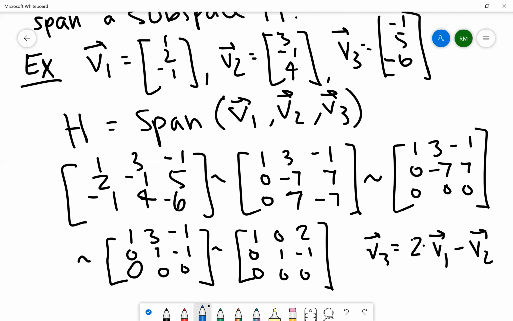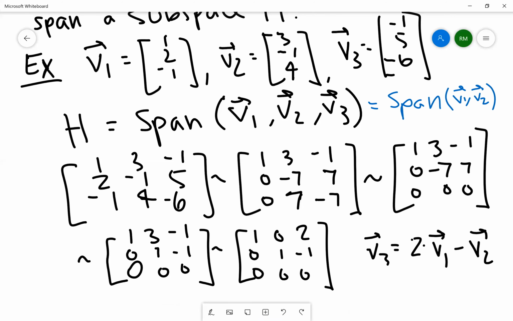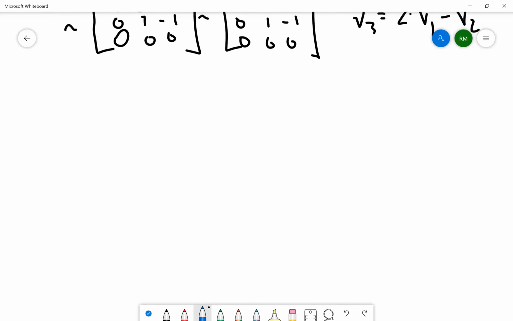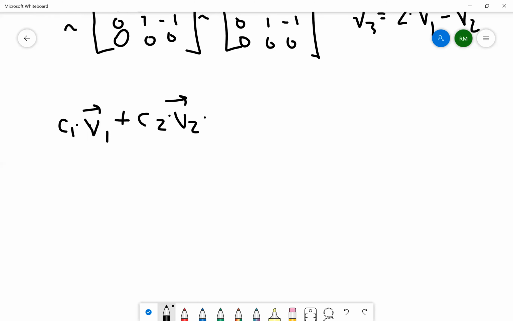What it tells us is this is just equal to the span of v1 and v2. Why is that? We see that v3 is some expression of v1 and v2. So let's say I have a vector that is a combination of these three vectors.